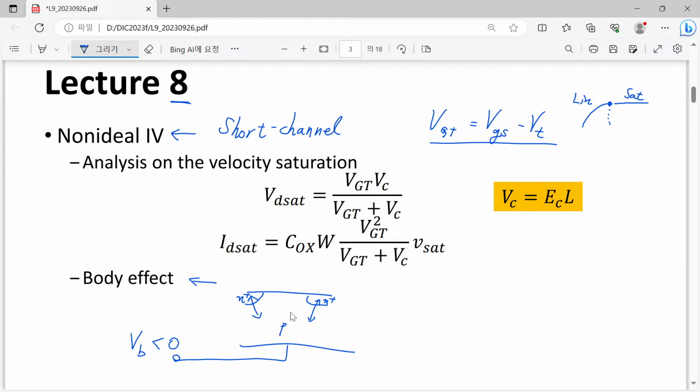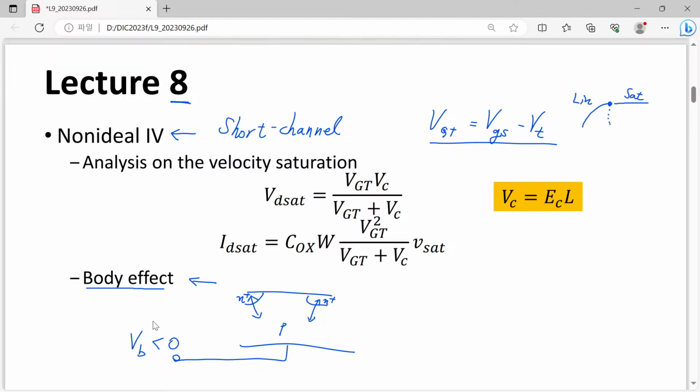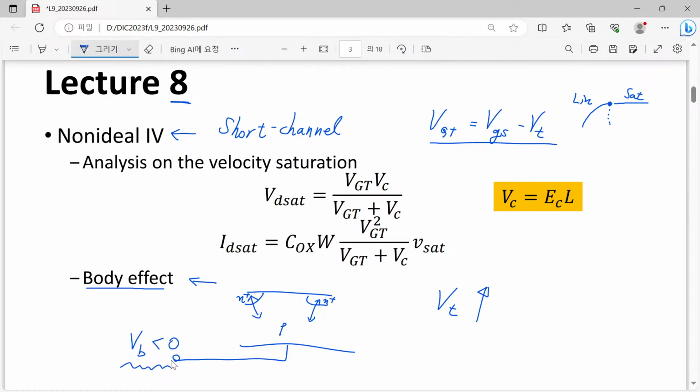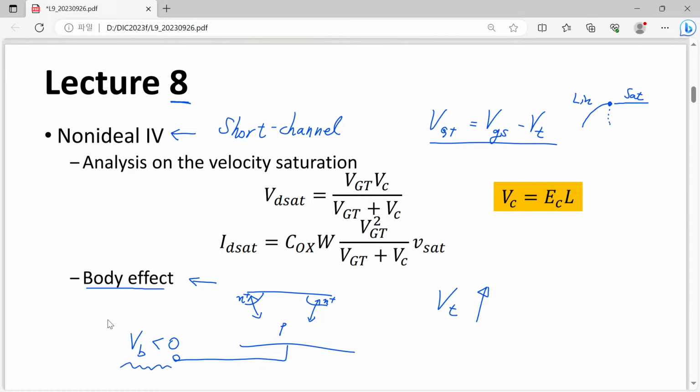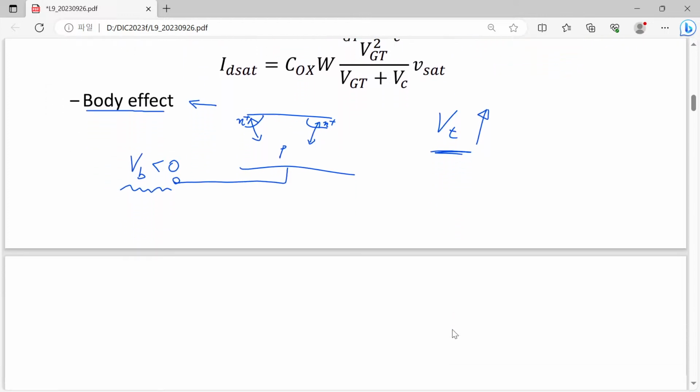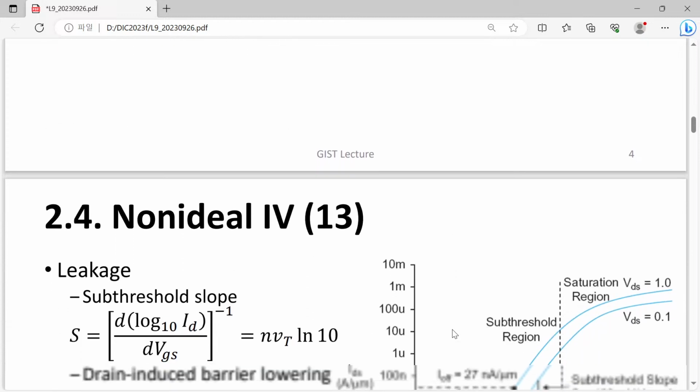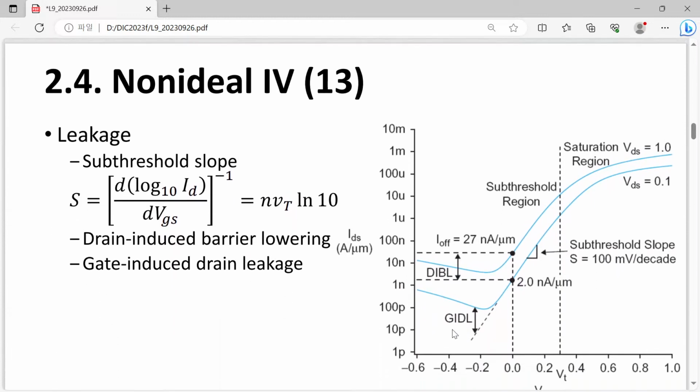Another effect is that with a negative body bias we have an increased threshold voltage. By controlling this body voltage in a smart way, we can control the power consumption of our transistor.